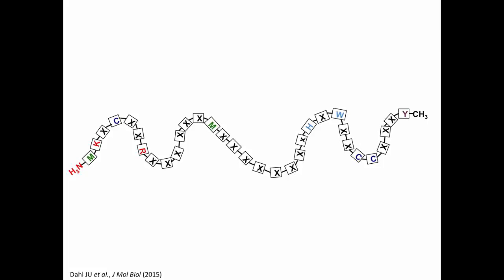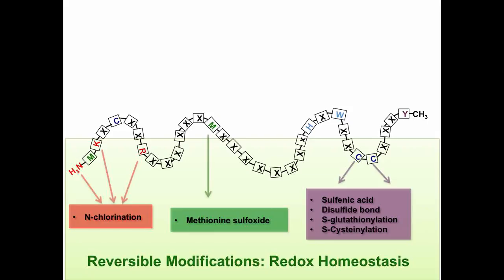We differentiate here between reversible and irreversible modifications. The disulfide bond formation, methionine sulfoxide formation, and N-chlorination are reversible protein modifications and often used to regulate protein function in response to oxidative stress.